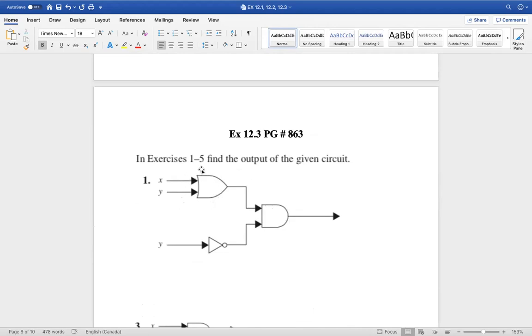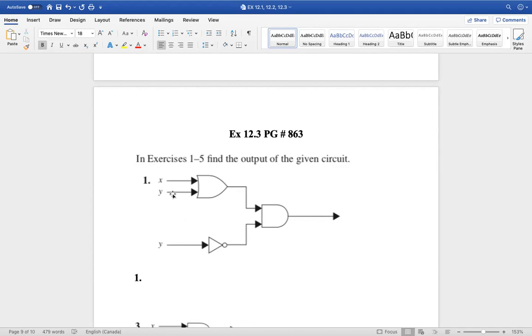This one here represents the OR, this represents the AND, and this represents the inverter, which is basically taking the complement.